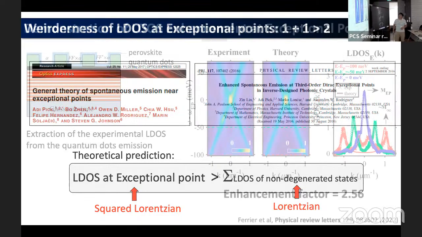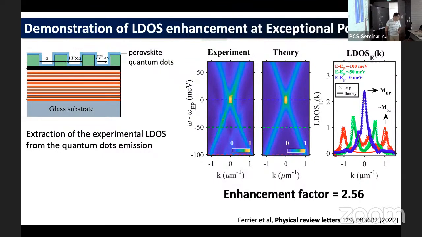So this is why we try to demonstrate it experimentally. In this work, we need some emitters to probe the density of states. So we put a very thin layer of quantum emitters, here quantum perovskite, on top, and then we perform photoluminescence measurements from which we can extract the density of states. This is from the experiment, and this is from theory.